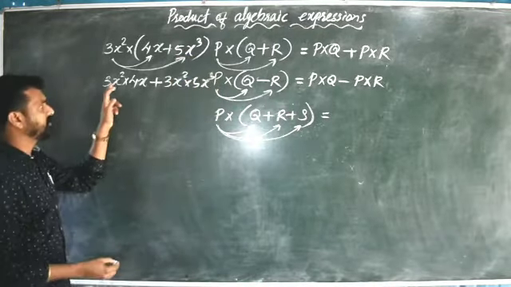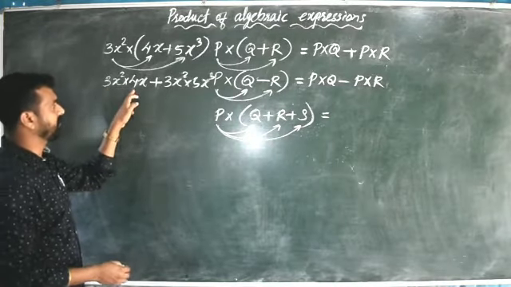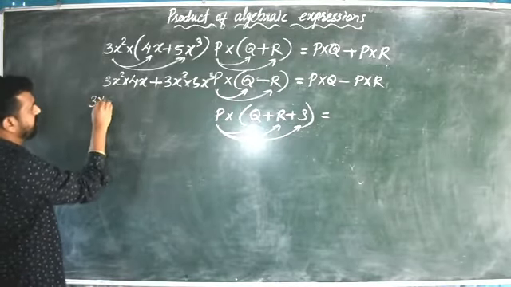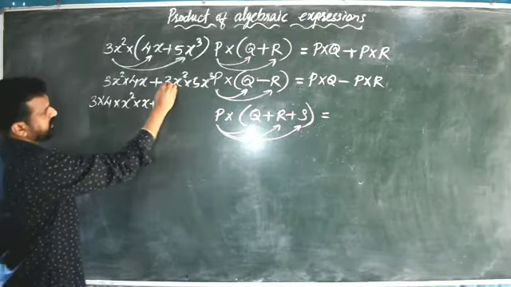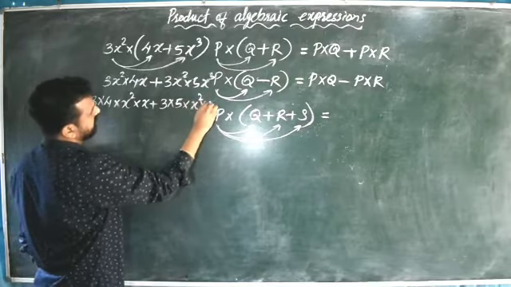How to multiply two monomials we have studied first. First we will multiply the coefficients, after that the variables. So here it will come 3 into 4 into x square into x plus 3 into 5 into x square into x cube.